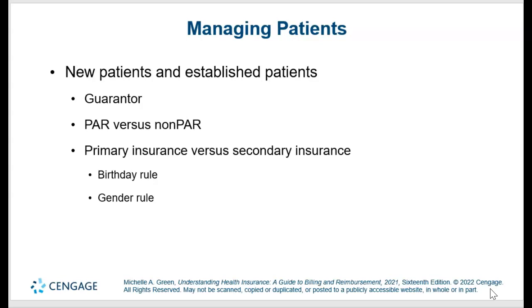Even though, let's say, I just saw my internal medicine doctor at Medical Associates 4 months ago, that 3-year window there doesn't matter. Neurology has to do a new history on me. They're going to look at a different history just because of the headaches. Okay. They're going to have to do an exam that goes with neurology. So they can go ahead and charge for a new patient workup.